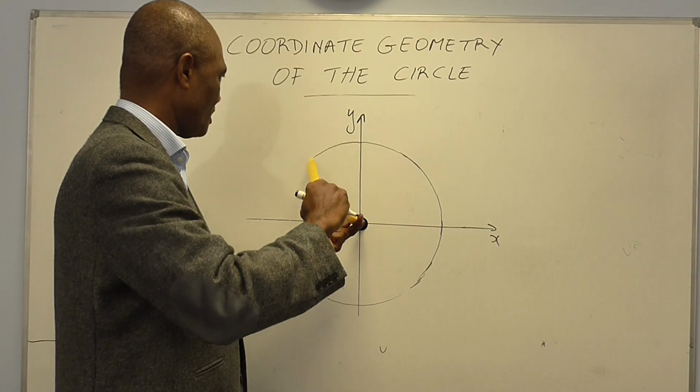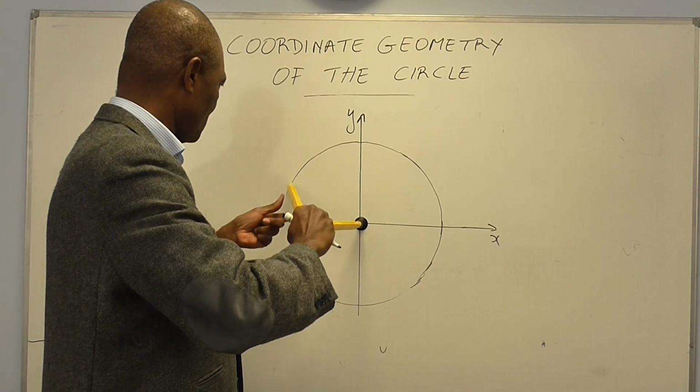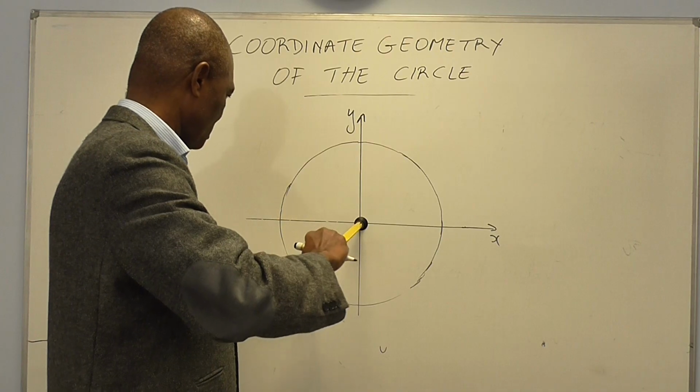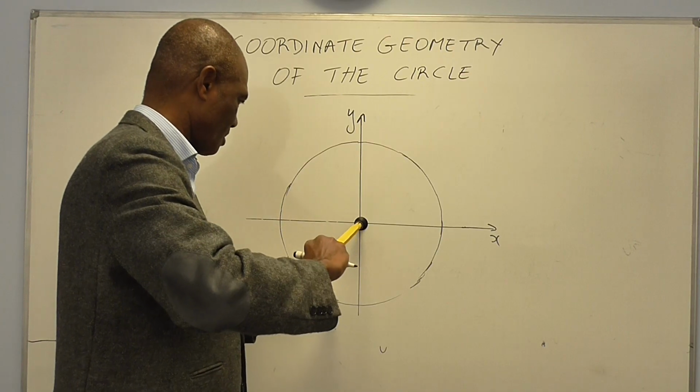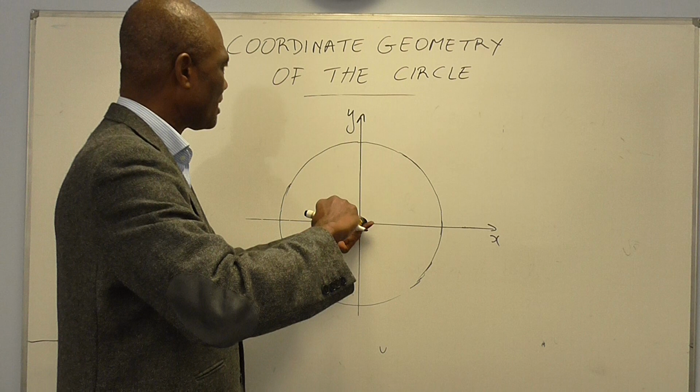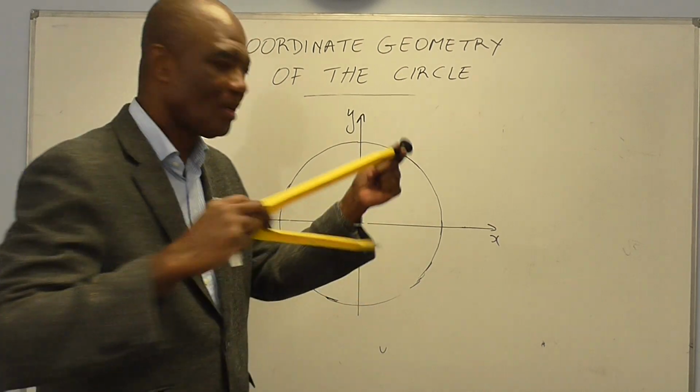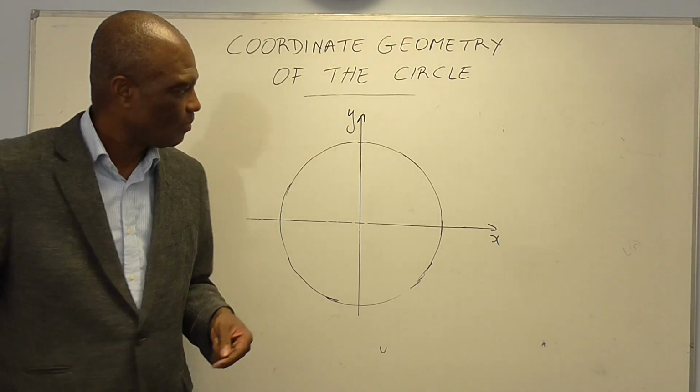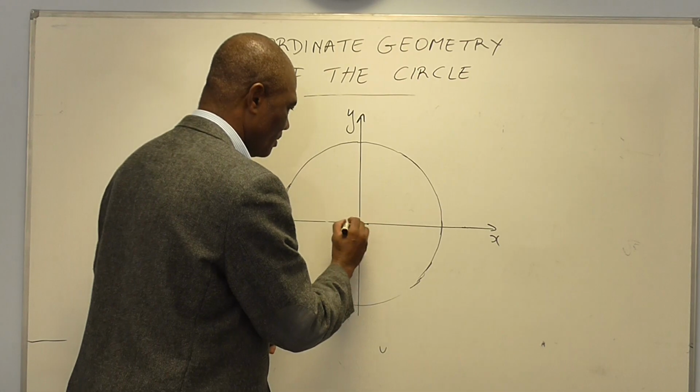So I have it like that. Okay, so my circle is there. I have my circle there.